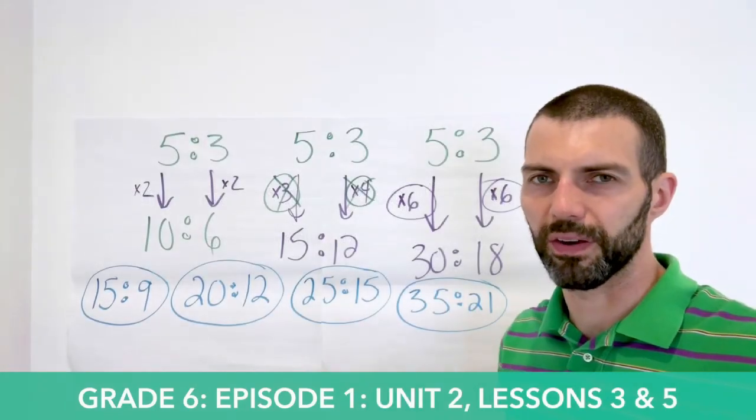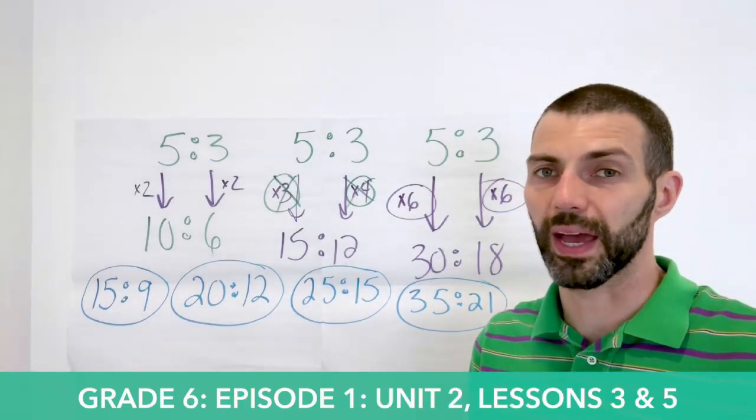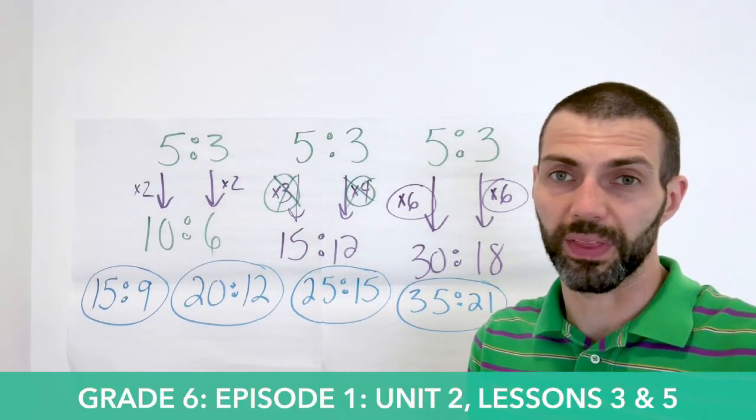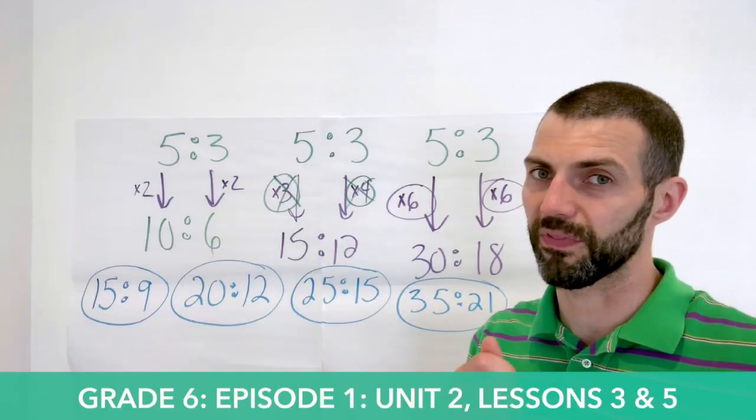Here in blue, I have a few of the different equivalent ratios that I came up with. You may have some different ones on your paper, and that's fine. What's really important here is that the way that I created these equivalent ratios was by multiplying each number in the ratio by the same factor.